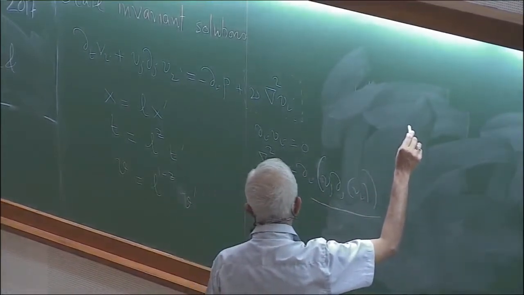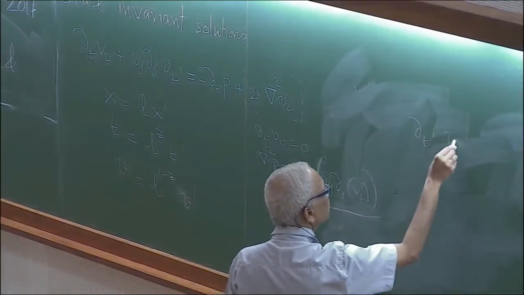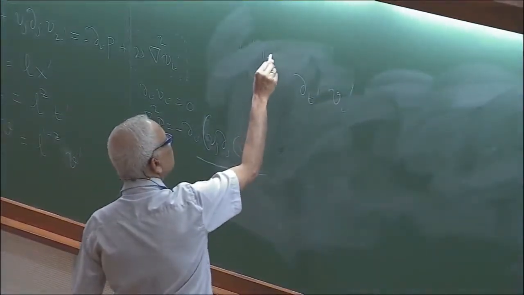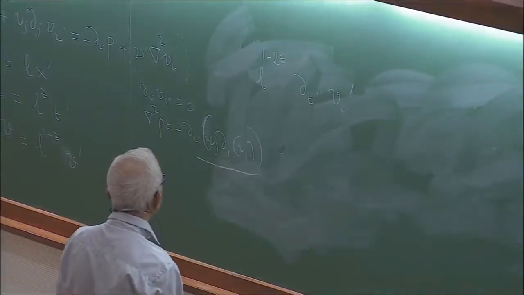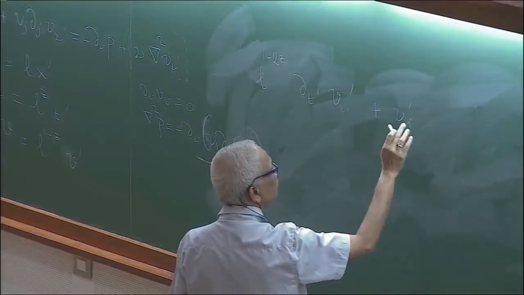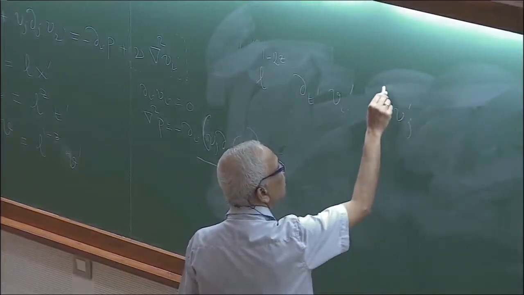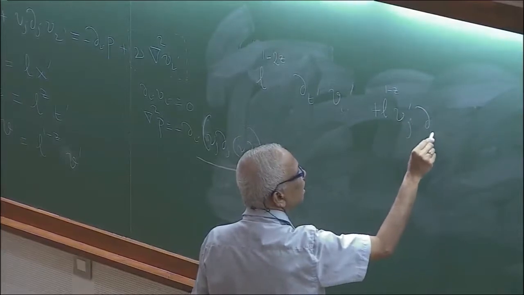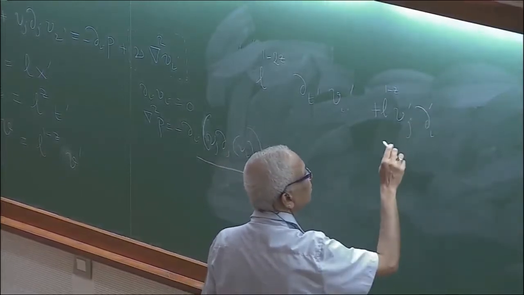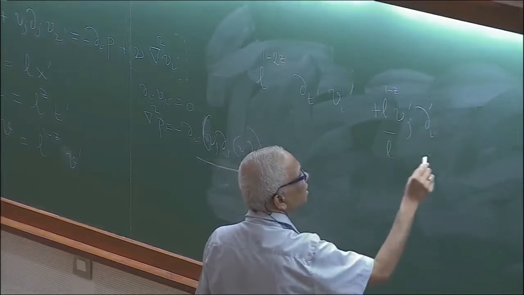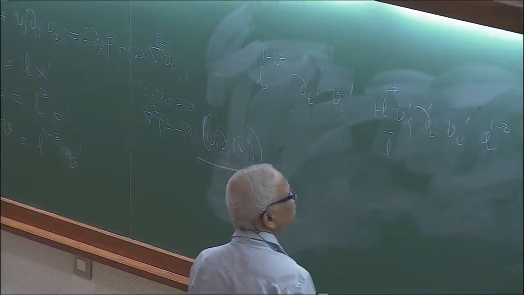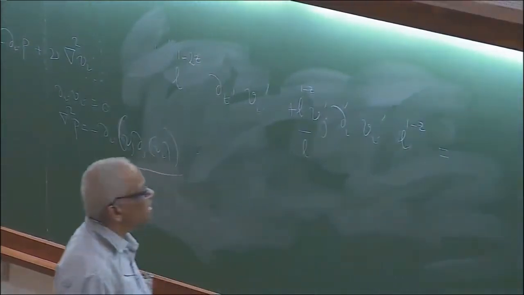It is ∂t prime vi prime, and the factors are L to the power 1 minus 2z over here, plus vj prime, that brings L to the power 1 minus z, ∂i prime brings 1 over L, and then vi prime brings another factor of L to the power 1 minus z, equals the pressure having the same thing.